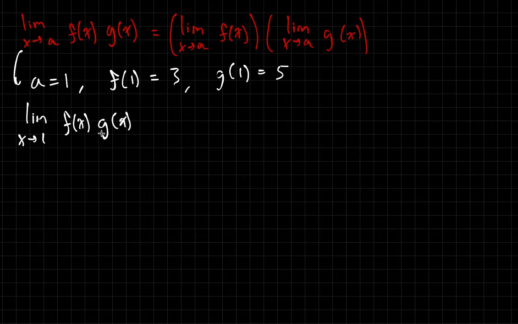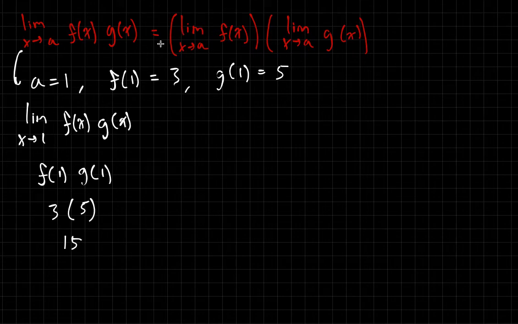And to solve this expression, not using the property, just to solve it how you would normally, what you would do is just input the value that x approaches into the overall function, which is just direct substitution. So let's do that. We would just get f of 1 times g of 1, right? And we know that f of 1 is 3 and g of 1 is 5. So we would get 15.